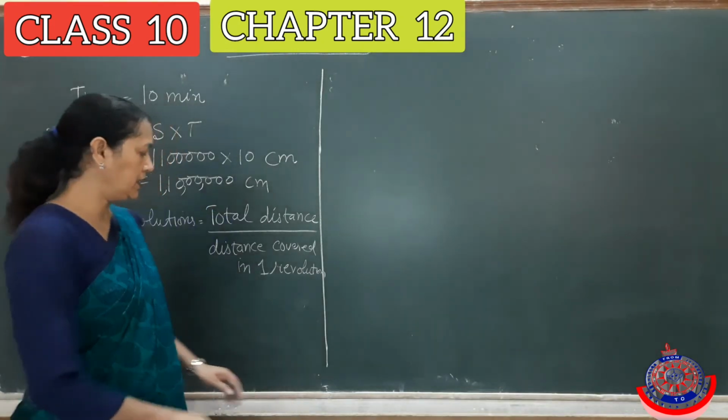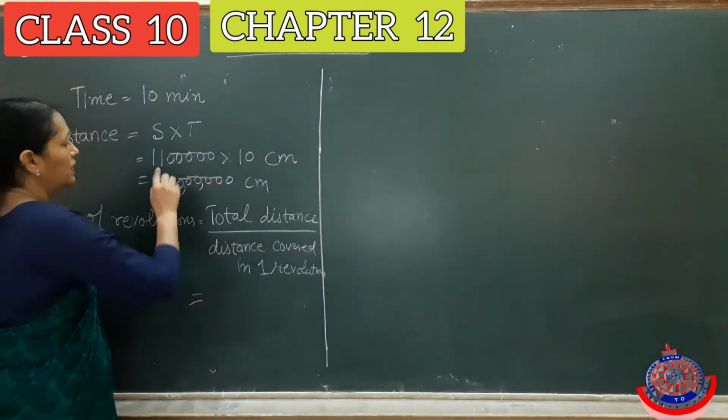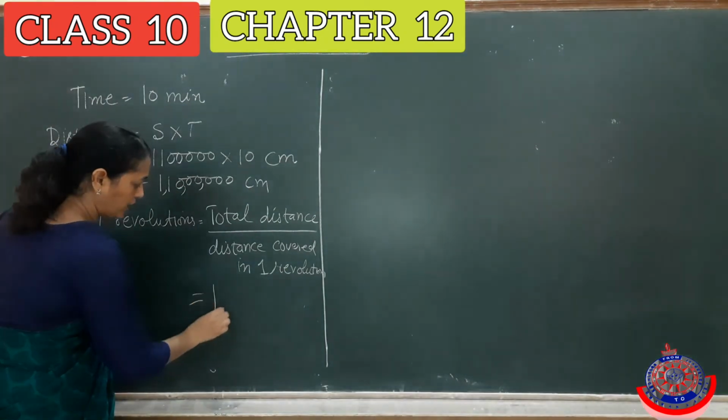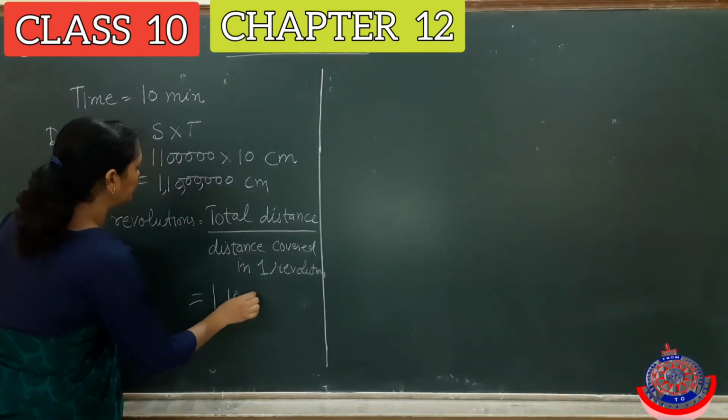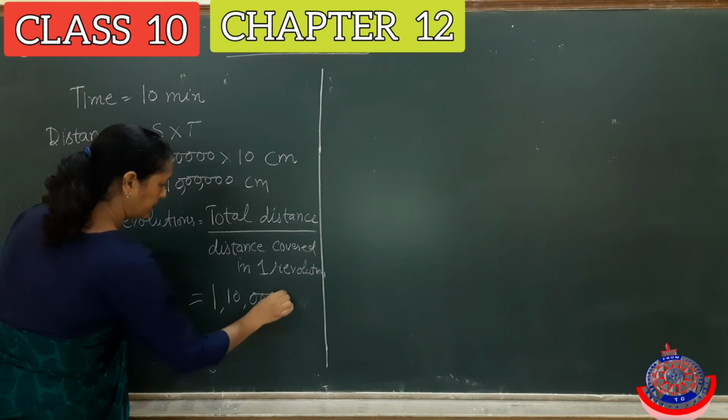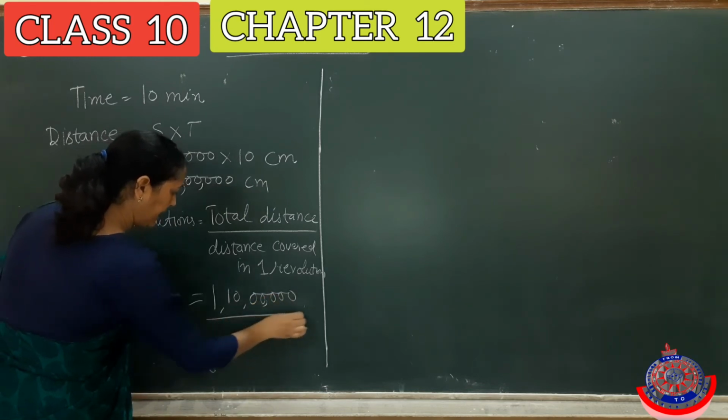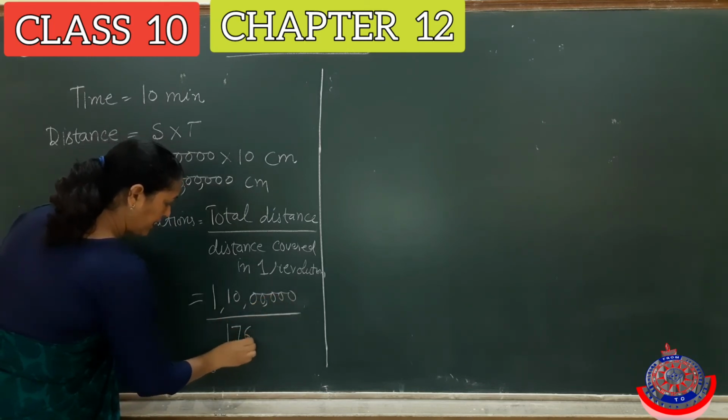So that will be 11 lakh into 10 to be divided by distance covered in one revolution.